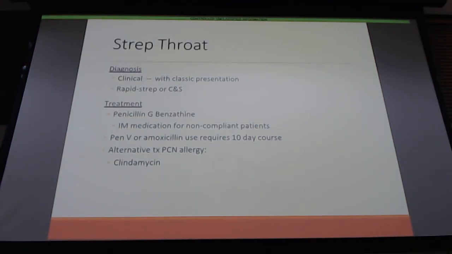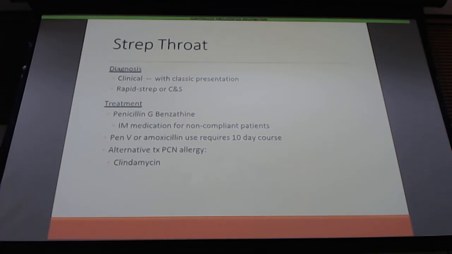The diagnosis, usually clinical presentation, right? We don't have to do a culture, we don't have to really do anything. If they have stuff, then we just clinically diagnose and treat, all right? What do we treat with? I'll give you a couple here because there's a lot of choices. But for those that are not compliant, right, really the little babies, right, because we're gonna help the parents instead of having to give them pills every single day for the next 10 days, right, which would be the Pen-G or the amoxicillin.